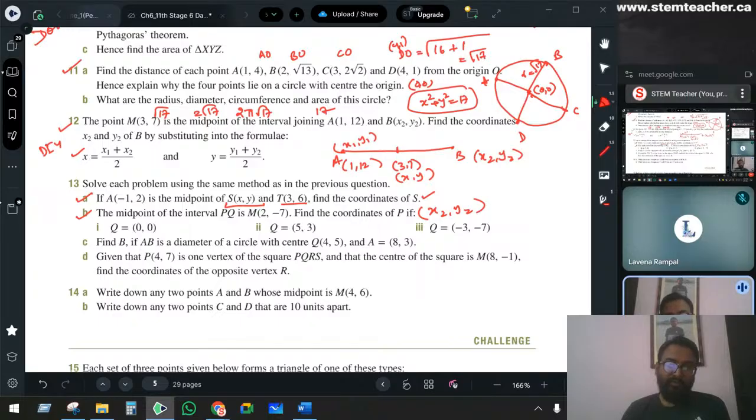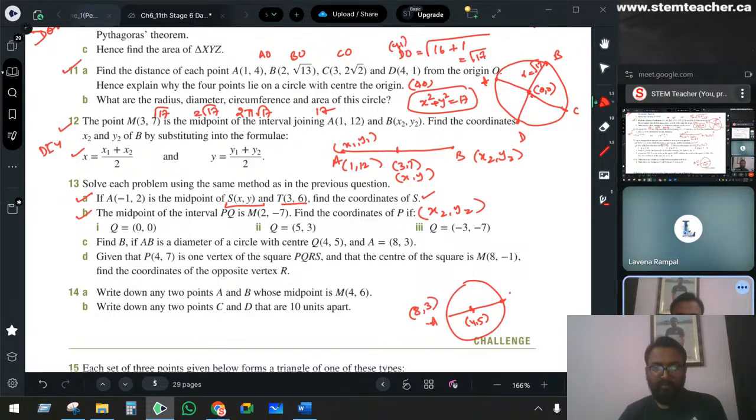Find B if AB is the diameter of the circle. What is the diameter and radius formula? The midpoint of the diameter is the center. What he is saying is, find B if AB is the diameter of the circle, and he has given the center, which is (4, 5), and another point A (8, 3).